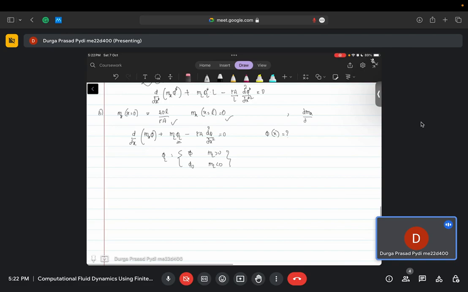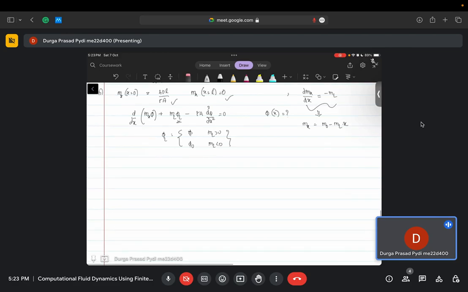We have one more equation, dmx by dx is essentially minus ml. So we can directly solve this equation. Solving this will essentially give you mx is m0 minus ml times x. Now we have the boundary conditions given here.